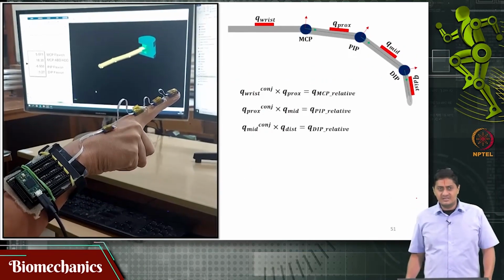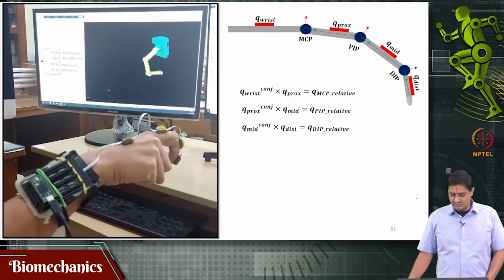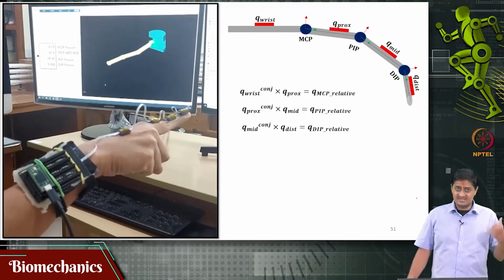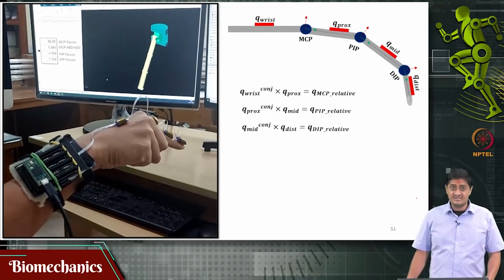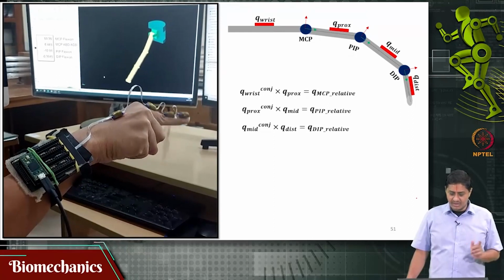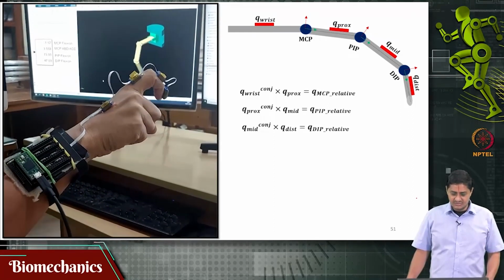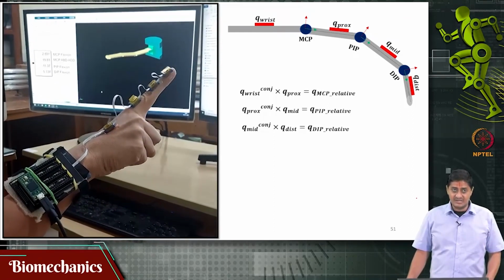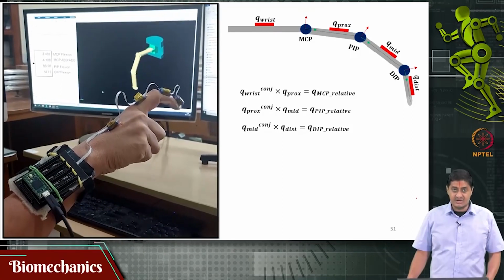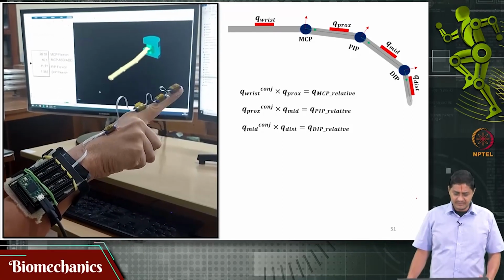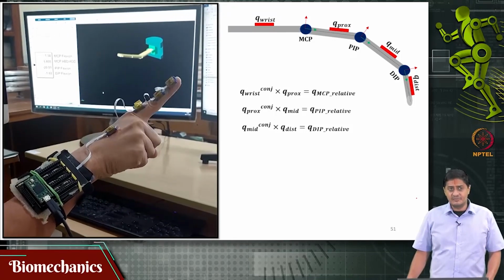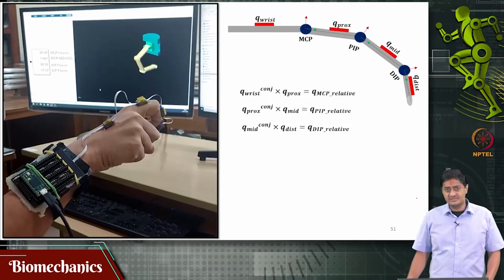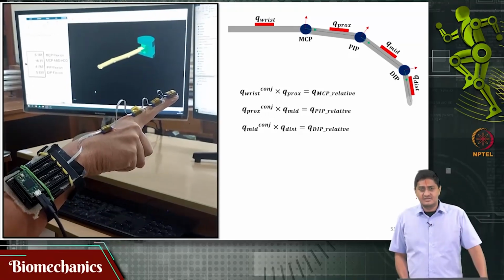So, here is an example where we used the principles that we discussed in the previous slide to demonstrate movement of a single finger. Remember the model that we have used. Each finger segment is modeled as a rigid body, and the DIP joint and the PIP joint are modeled as hinge joints, 1 degree of freedom joints.